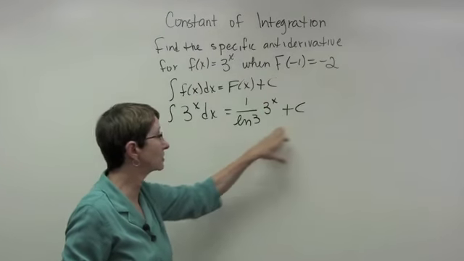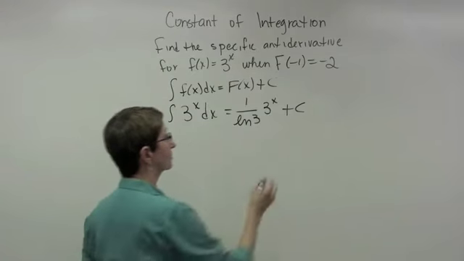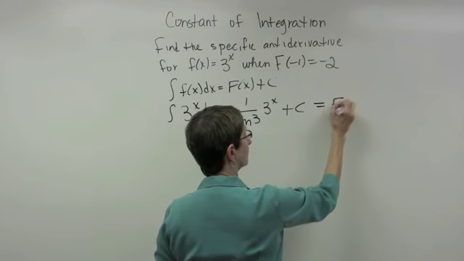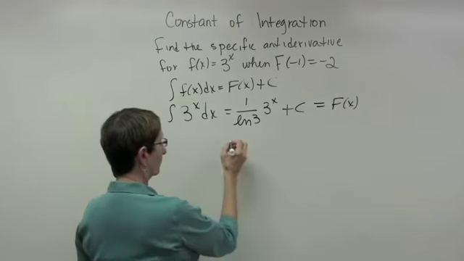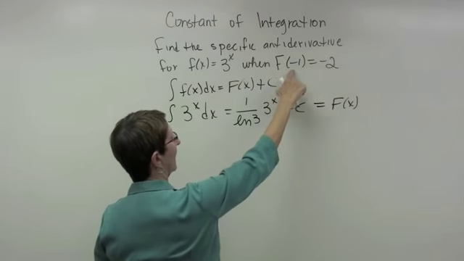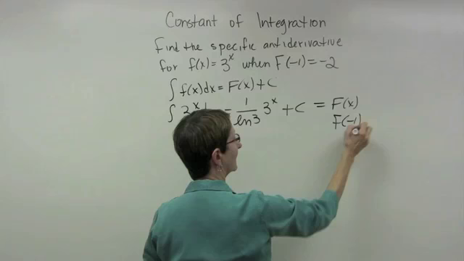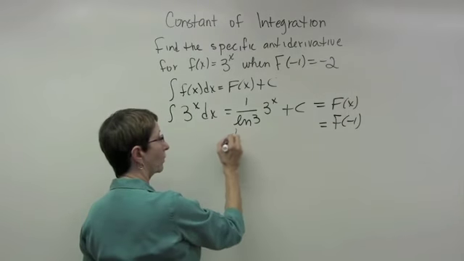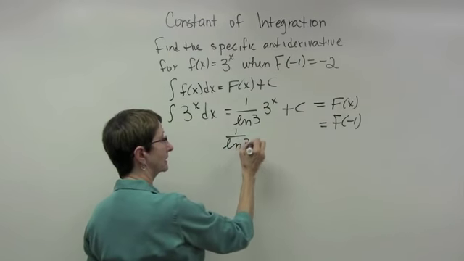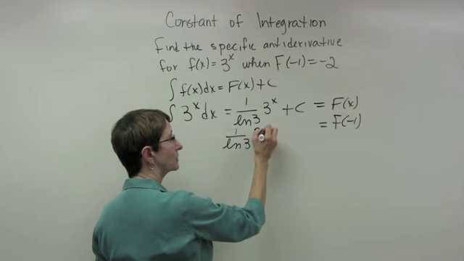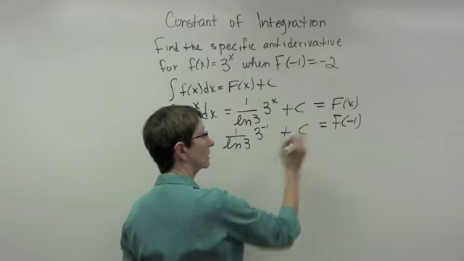So this is our function capital F of x. So if this is our capital F, we would have, when x is negative 1, we're looking at F of negative 1 here. 1 over ln of 3 times 3 raised to the negative 1 power plus c.